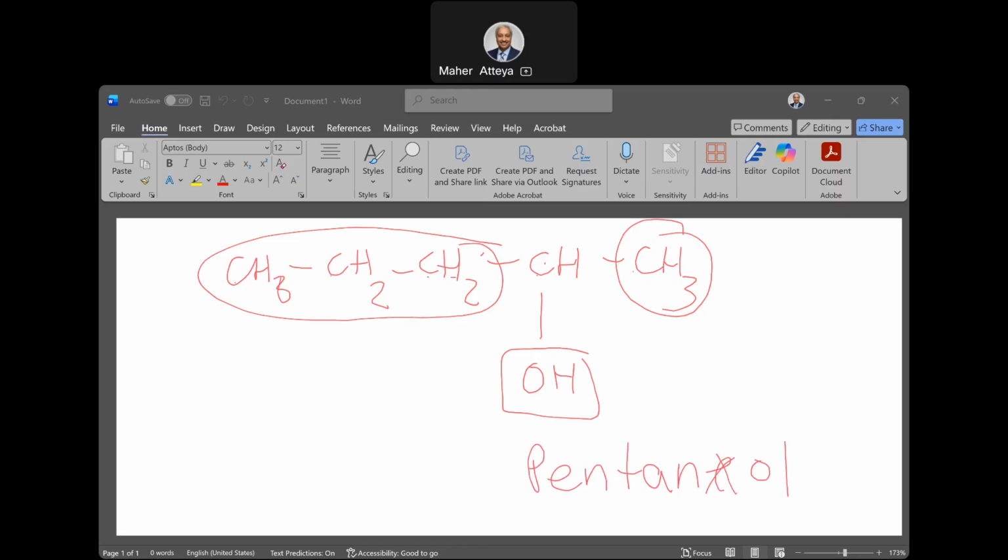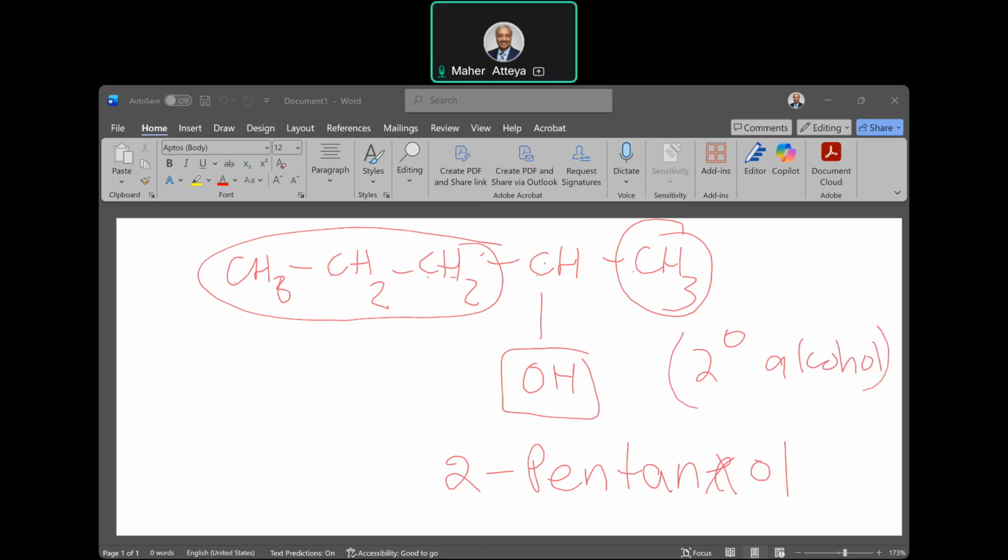Now the hydroxy group is number 2, so 2-pentanol, and this is called secondary alcohol, correct? Now, the tertiary alcohol, on the other hand, the carbon that carries the OH will have 3 groups.